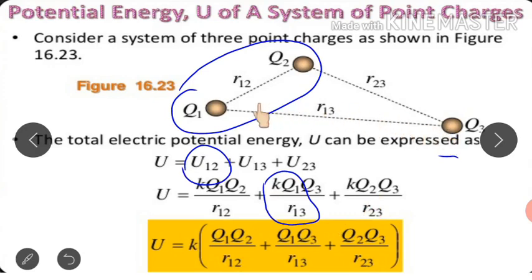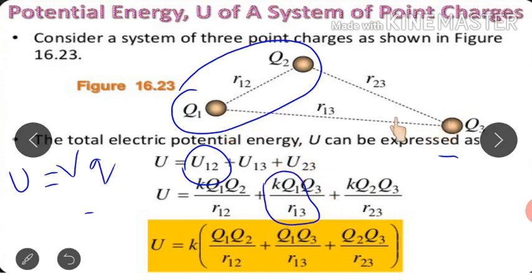This is the potential at this point due to Q1, into which charge is brought? Q3. That's why Q3 is written over here, because we have already discussed that U is V into Q: the potential at this point into the charge which is brought at this point. So this second expression we have written for Q1.